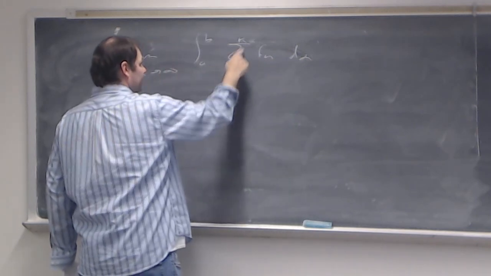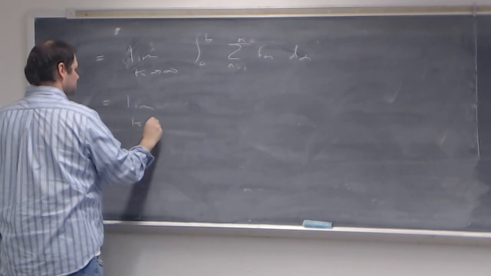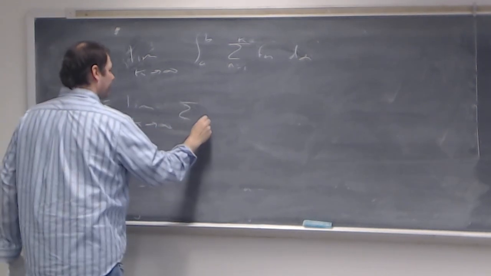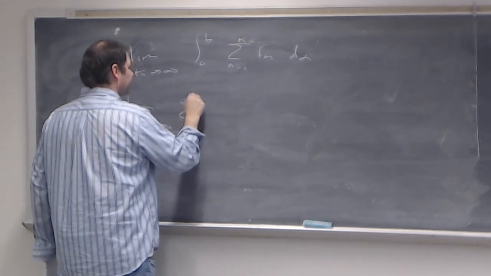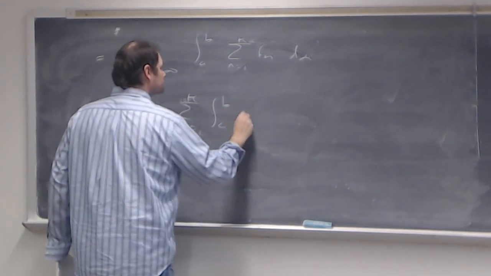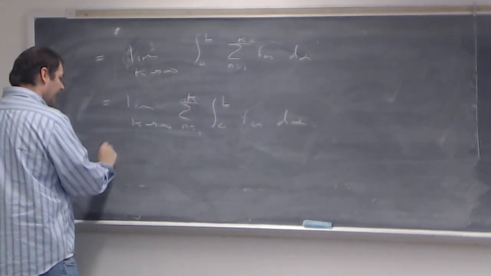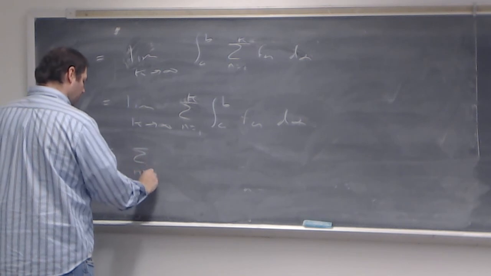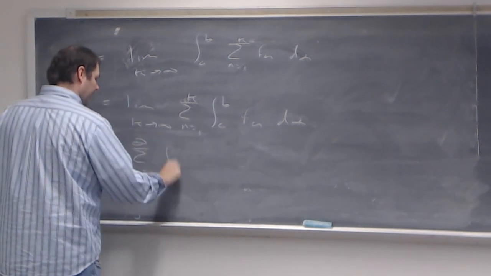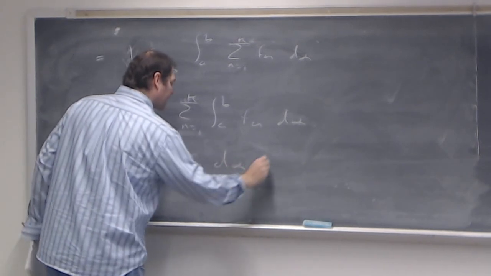Because you only have a finite sum, you can pull that outside of the integral. And then that's just equal to the sum as n runs from 1 to infinity of the integral from a to b of f sub n d alpha. That is the proof.